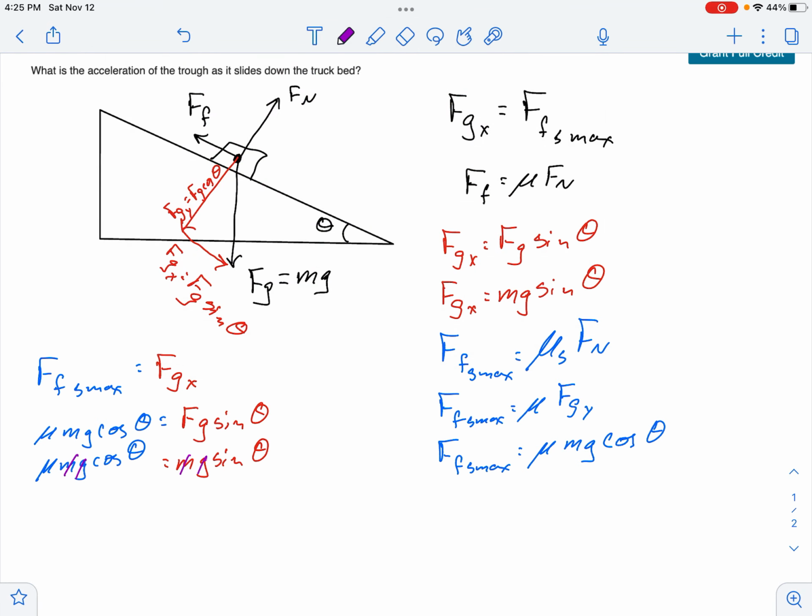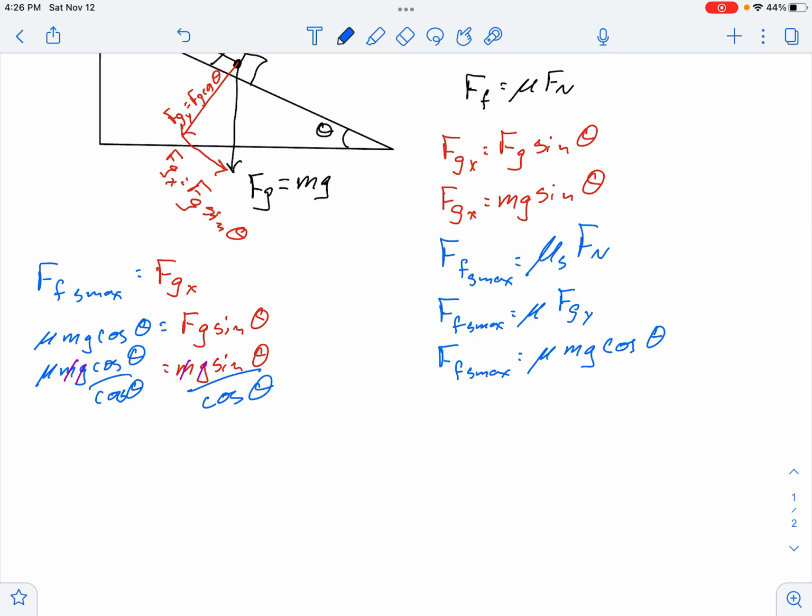I can then divide both sides by the cosine of theta, and I am left with mu sub s is equal to sine of theta divided by cosine of theta.